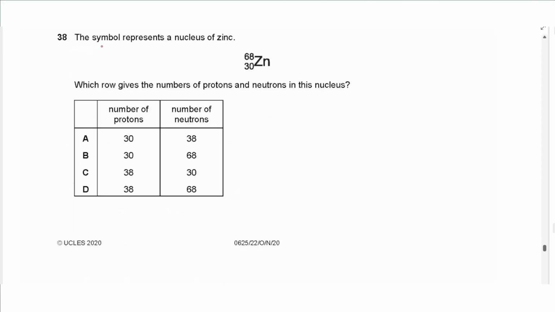Question 38 says the symbol represents a nucleus of zinc. Which row gives the numbers of protons and neutrons in this nucleus? So the number of protons is the proton number at the bottom, so it's 30, A or B. And the number of neutrons is not 68, it's 68 minus 30, so it's 38. So the answer is A.